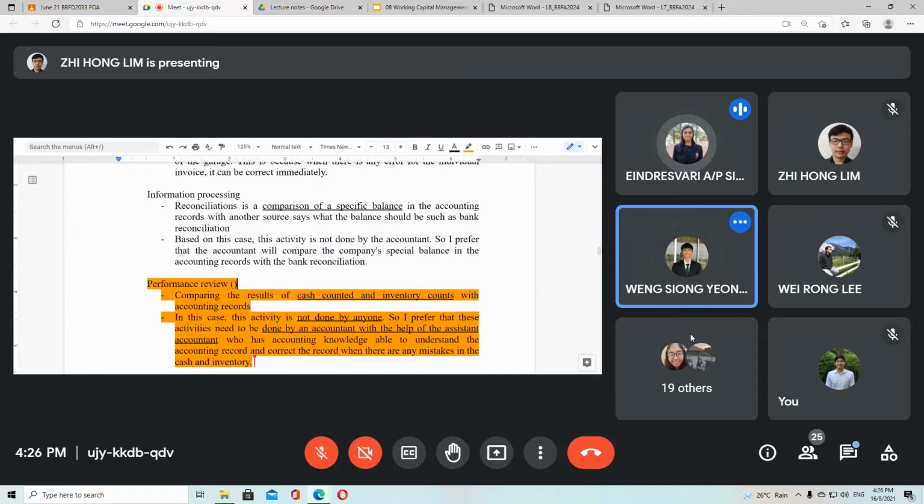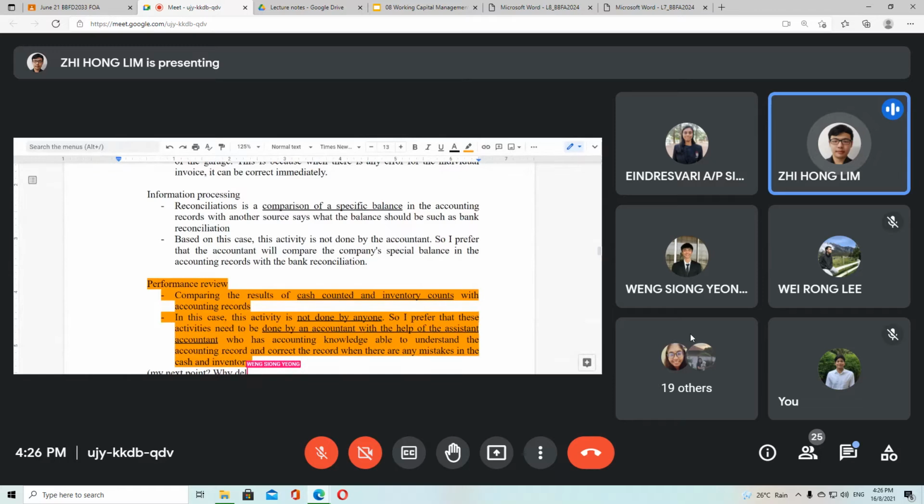So the cash count, basically, you are suggesting should be done by the accountant and assistant accountant. So are you bringing in another person as assistant accountant? If the accountant has too many duties, then there may be a need to hire one assistant accountant.